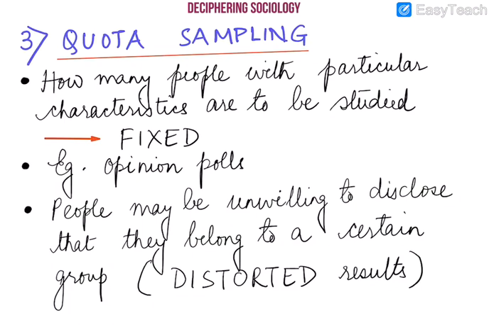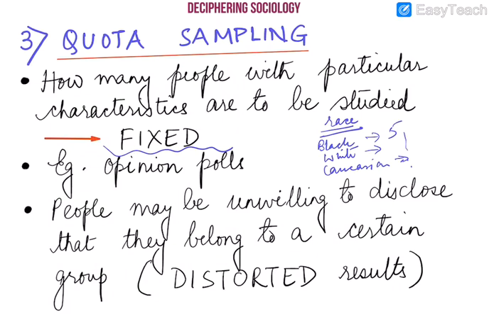The next type is quota sampling. Here, how many people with particular characteristics are to be studied is fixed. For example, if I have to study the race of the people in a particular community, so who is black, who is white, who is Caucasian, or any other categories, I have a certain limit.